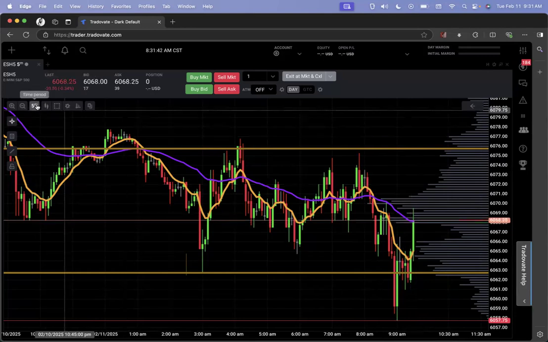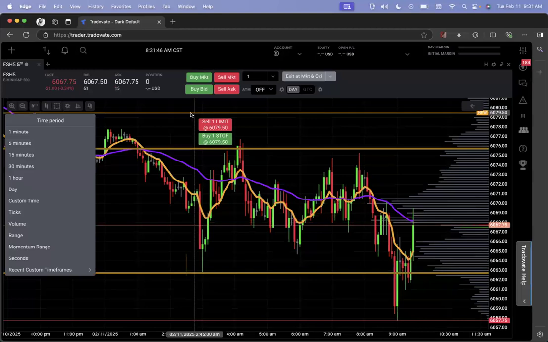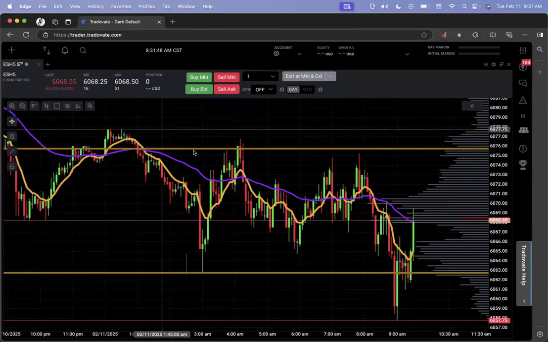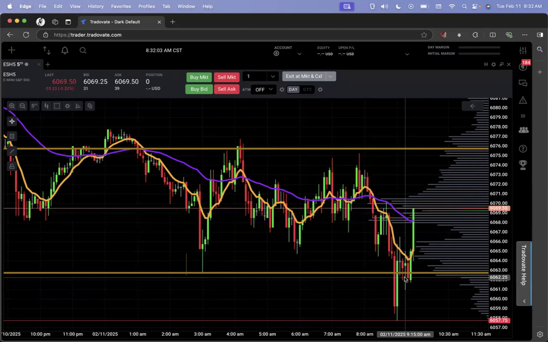Lower high means we're going low. Let's see, 60 70 is coming up. Here it goes.